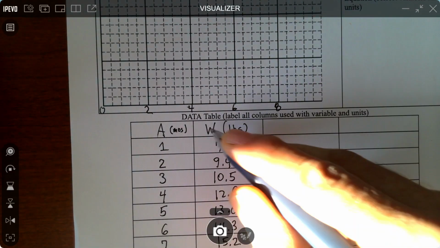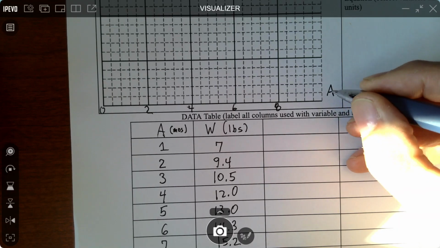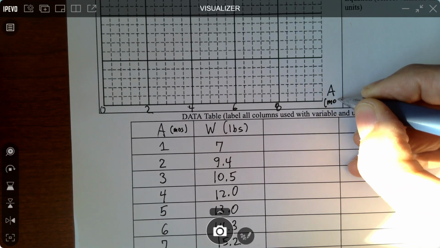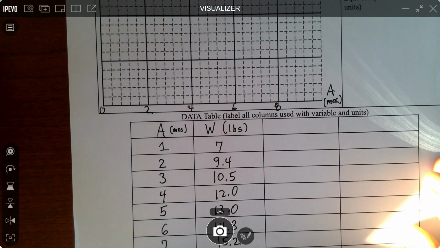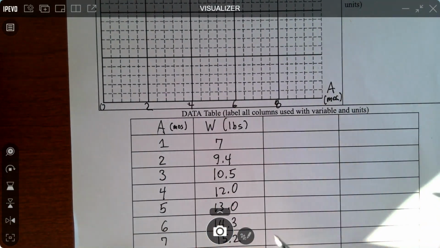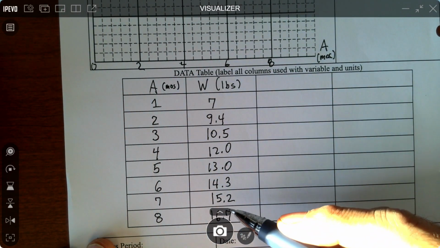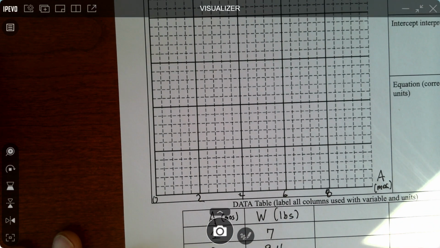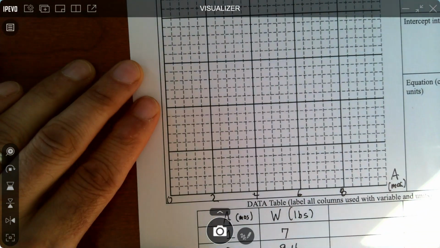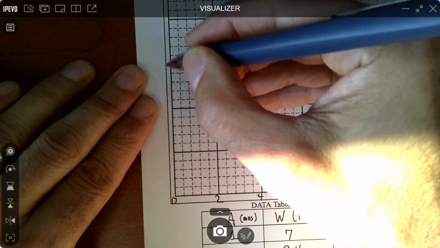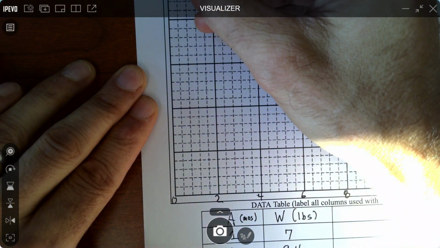Okay, so I went to 8, and I'm going to label that A in months. Looks okay. Next I'm going to go to almost 17 on the vertical. So if I look over here, I think I need to go by 4s. 4, 6, 8, 12, 16. That's not going to be enough.